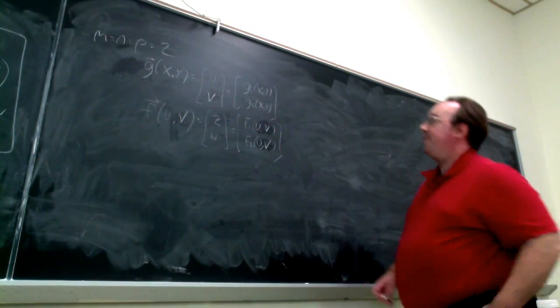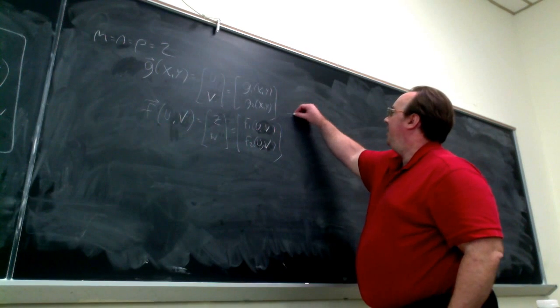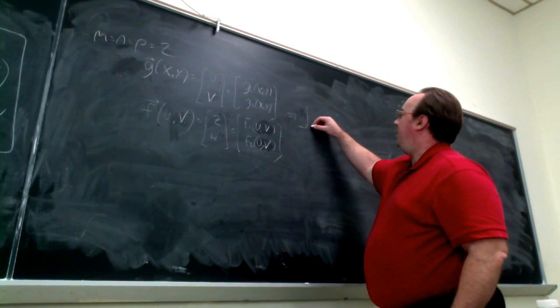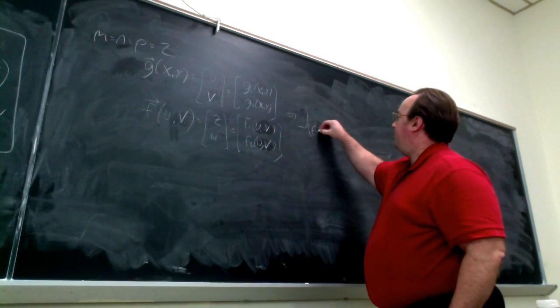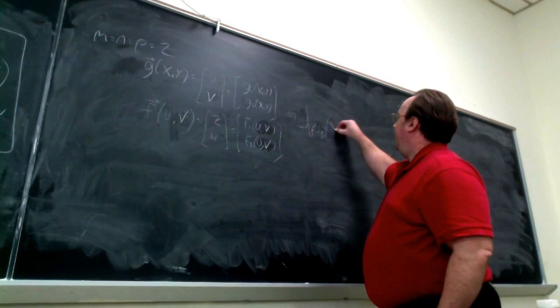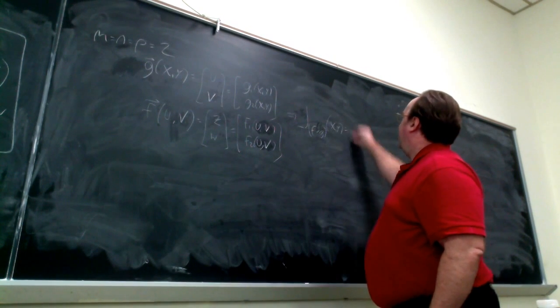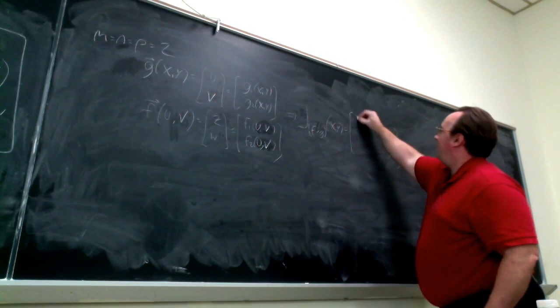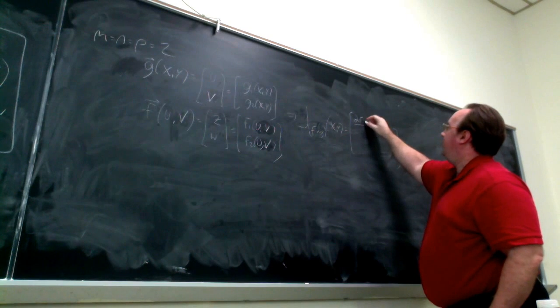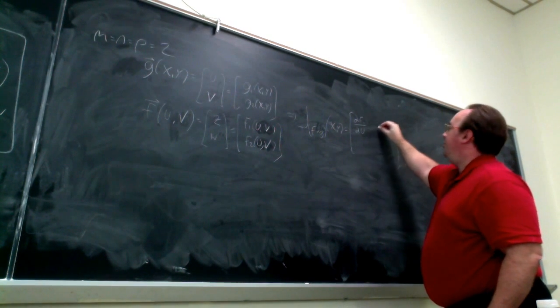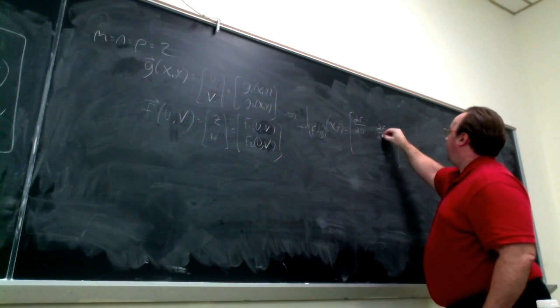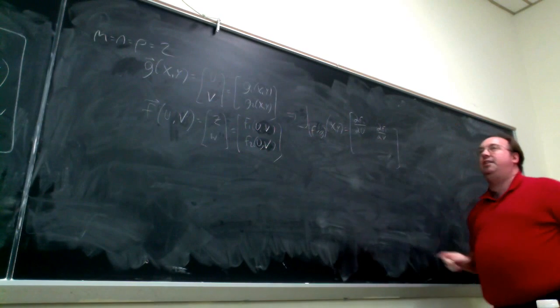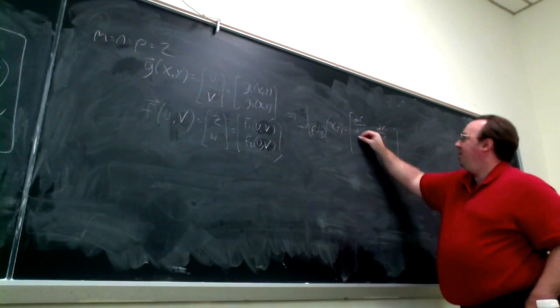Okay. So the Jacobian of f composed with g at any point x, y is going to have the partial of f1 with respect to u, and the partial of f1 with respect to v. So f1 occupies the top row.